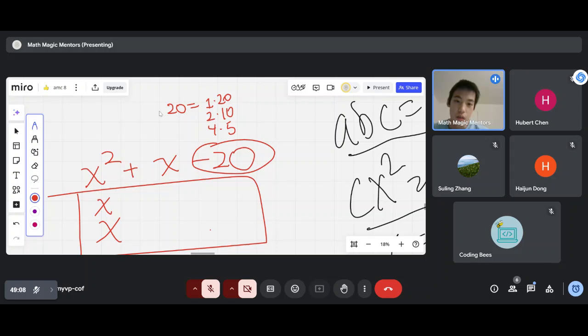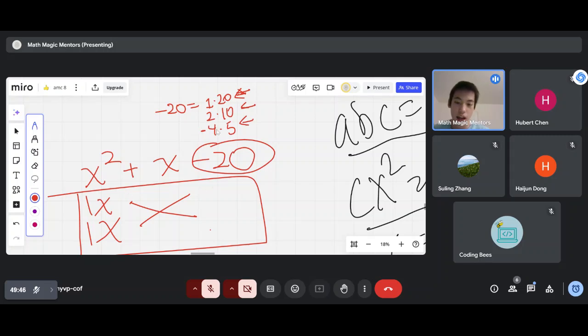But to factor negative 20, you just attach a negative in front of one of them. You need to find one of these pairs, attach a negative on one of them, and see if the sum of these two numbers is 1, because when you do the cross thing, the x coefficients are just 1.